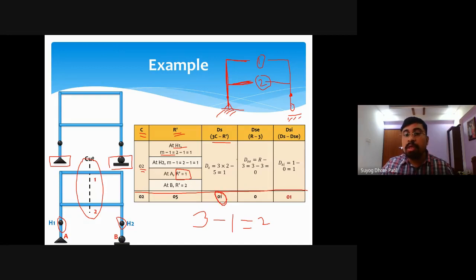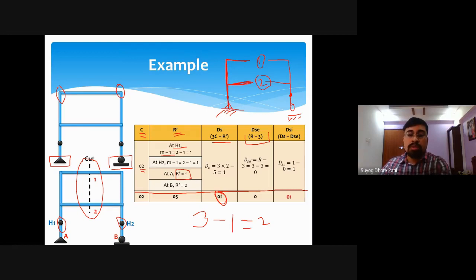Then if we calculate DAC, it is capital R minus 3. In a plane frame we consider the joints as rigid joints, and for a rigid joint we consider 3 reactions: it can't move in the vertical direction, it can't move in the horizontal direction, and no rotation is possible.